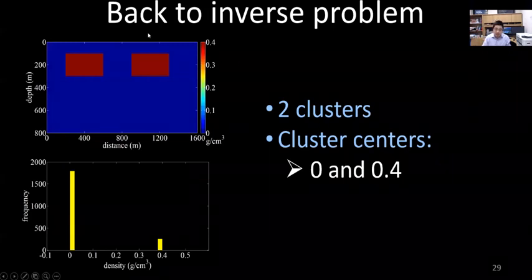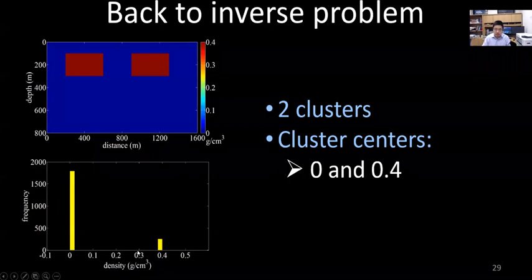So back to our problem here. This is one of the first motivating examples I showed you earlier. In this case, we have two rock types. Their possible density values are 0 and 0.4 g per cc. Using the terminology of clusters, we can summarize this information in this histogram as follows. There are two clusters, and each cluster corresponds to one geological unit.